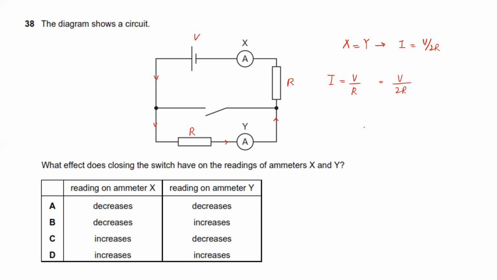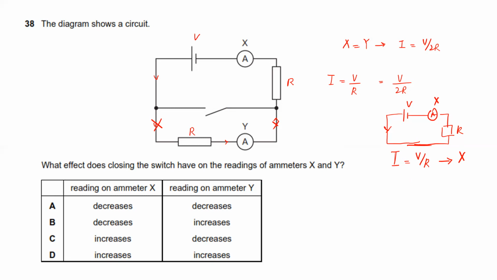Now if the switch is closed, my equivalent circuit would look something like this. This is R, this is V, and this is actually short circuited, so no current will flow in the direction below. So just this value, so I will be equal to V by R. So reading on X basically does what?